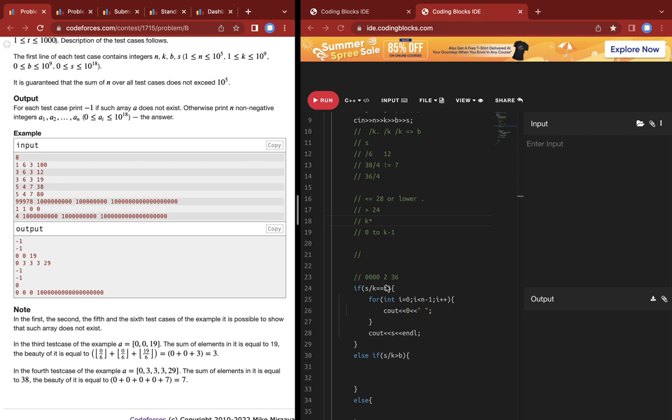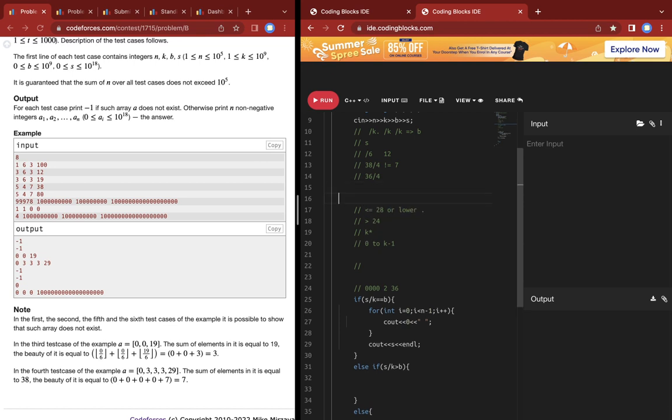जहाँ मैं जाना चाह रहा हूँ एक्चुअली 28 और लोअर नहीं, 28 से भी ज़्यादा भी हो सकता है, ज़्यादा ही होगा ऑब्वियसली। So it should be greater than or equal to 28 and lesser than or equal, strictly lesser than 32, right?